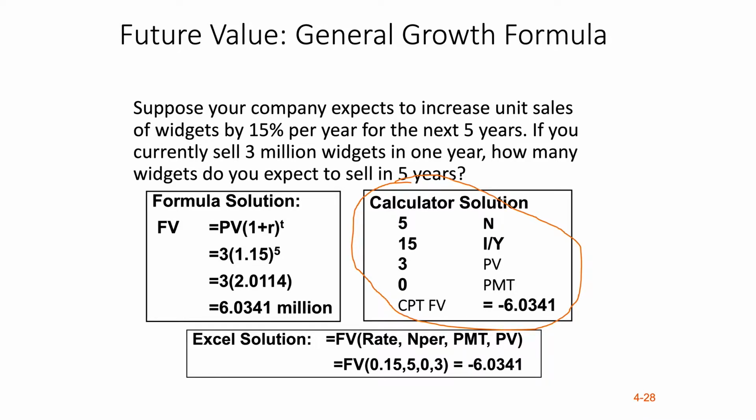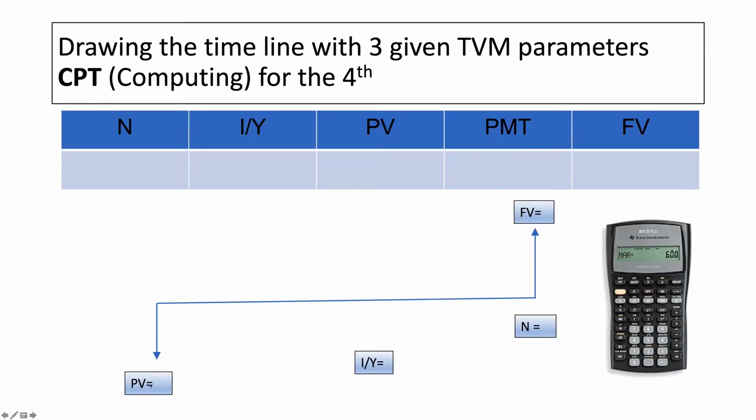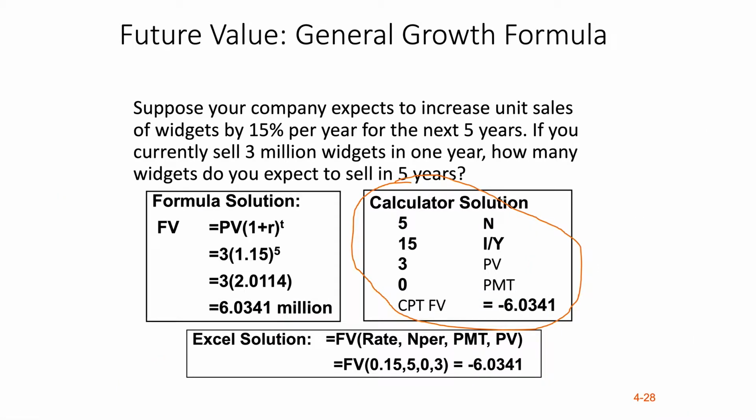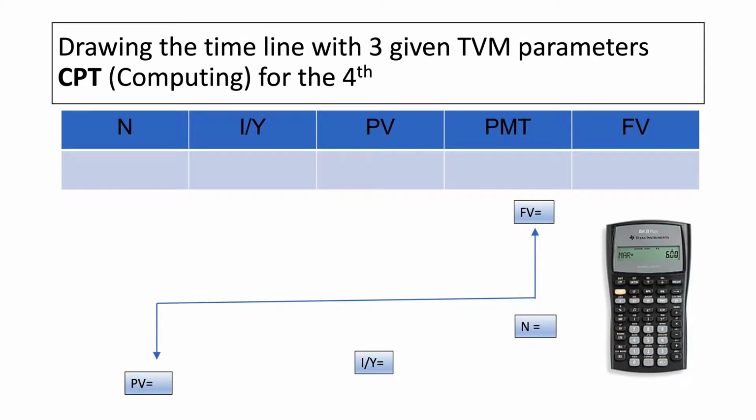So use the following chart, the timeline. Right, what is currently sell? 3 million. With 3 million negative sign. I like you put a negative sign of it. And what is the growth rate? The growth rate, I think, is a 15% per year. For how many years? 5 years. So, negative 3 million.